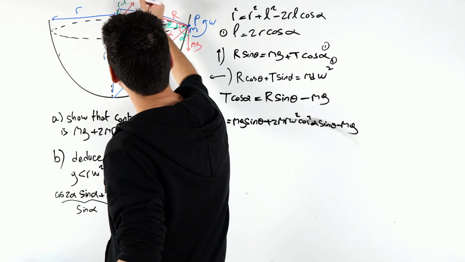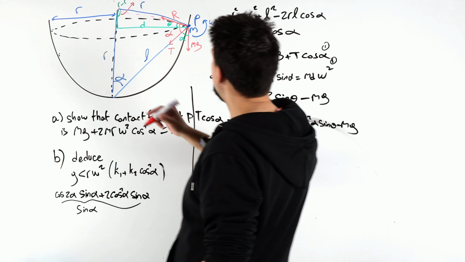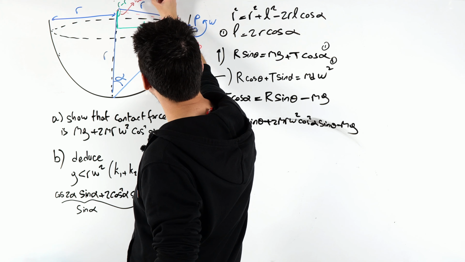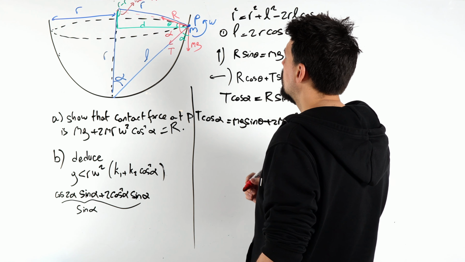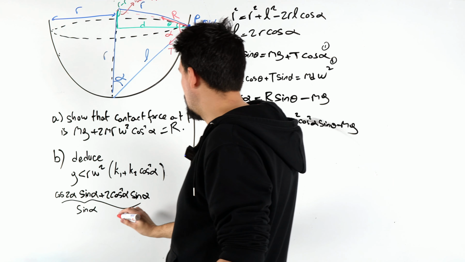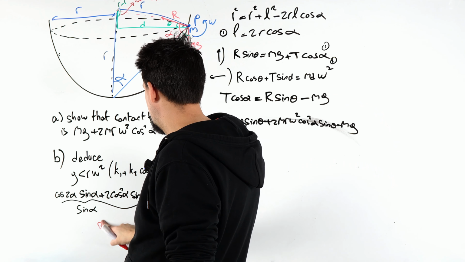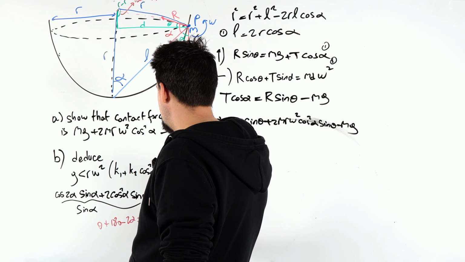That angle there is 180, forgive me for working in degrees, minus 2 alpha. So theta, we can write that down here, theta plus 180 minus 2 alpha is equal to 90 degrees.